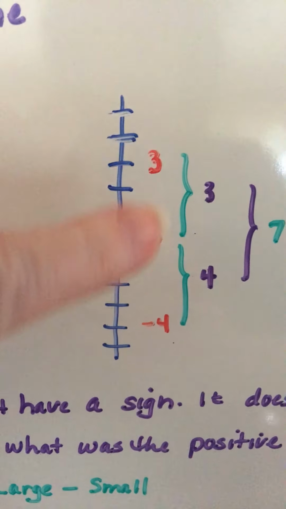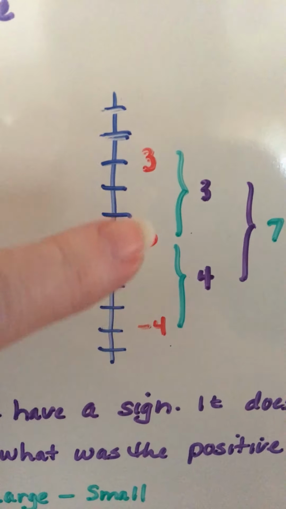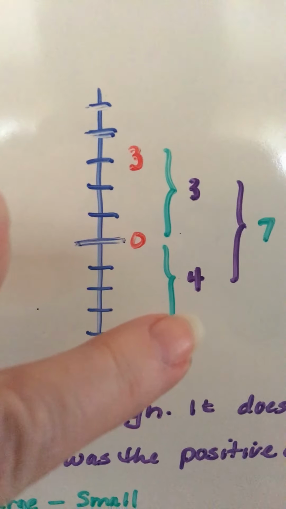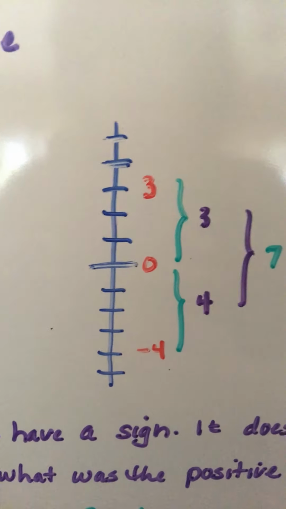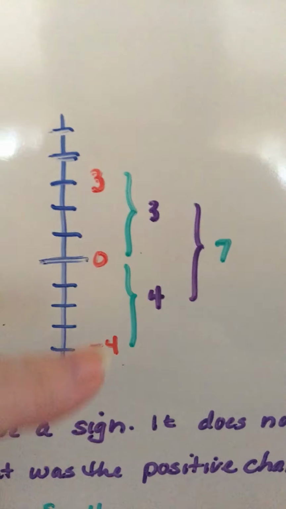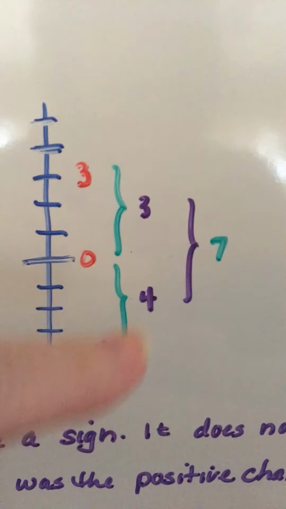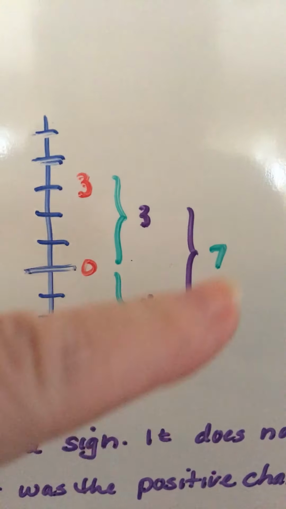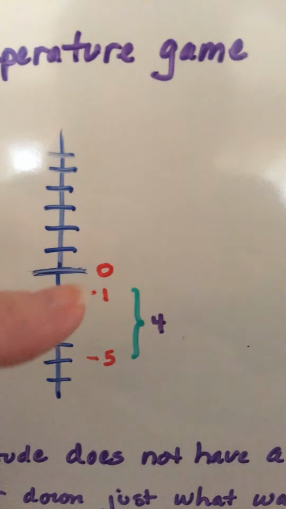Well, just look. Between 0 and 3, the net change is 3. Between 0 and -4, the change is 4. That is its distance. I either went 4 up or I went down. But the total change is 7. Notice these had opposite signs, so I ignored the sign, that is, took their absolute values, and I added. Over here, they had the same sign.